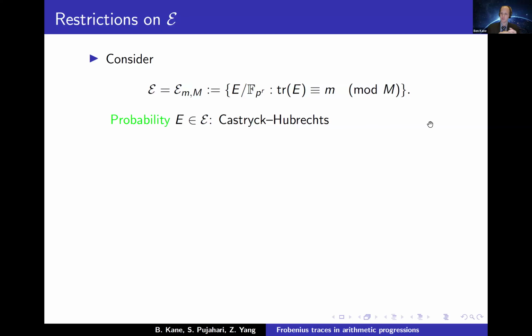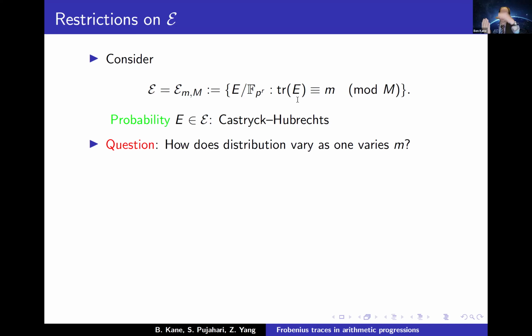And before I normalize, I look at the arithmetic progression. And the probability that a random elliptic curve has this trace of Frobenius has been looked at by other people. But now the question is, how does the distribution vary as I vary the little m?